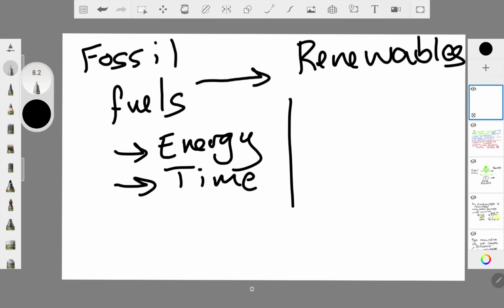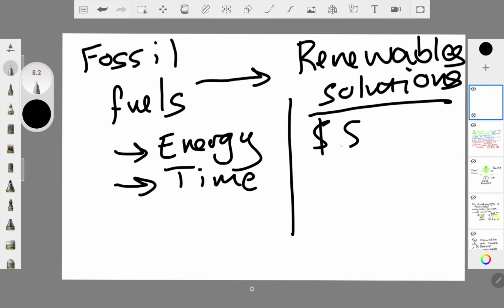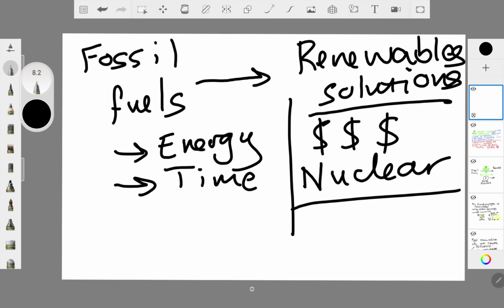And we know the solutions. Putting more money into renewables, and if available, bridging the gap with nuclear power. So, I believe we've covered everything in the topic. Let me have a quick think. I'm right. Yes, we have covered everything in the topic.